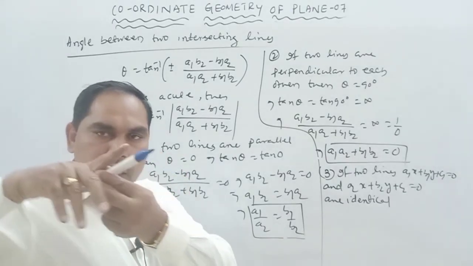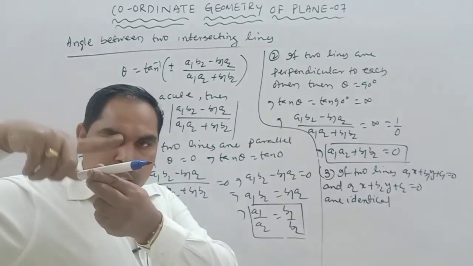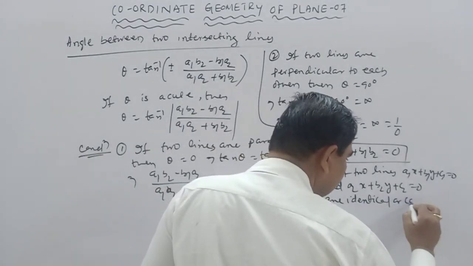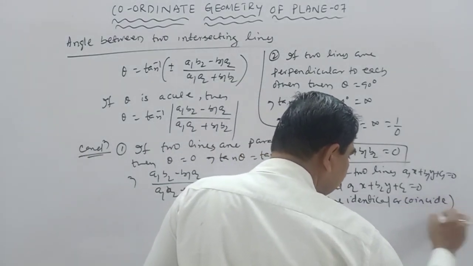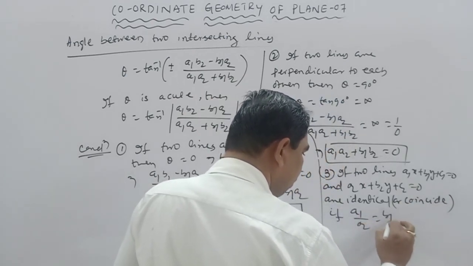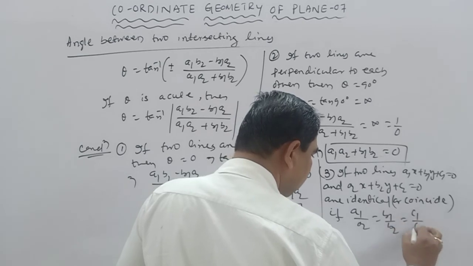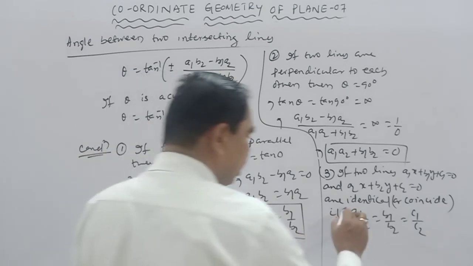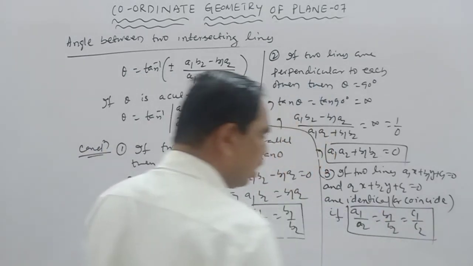Okay, this is the coincide case, a parallel line is different from a coincident one. Identical or coincide if a1 by a2 is equal to b1 by b2 is equal to c1 by c2. Okay, this is two lines being identical or coincident.